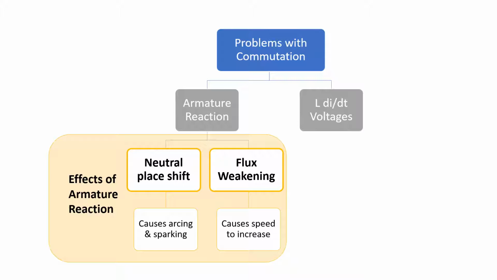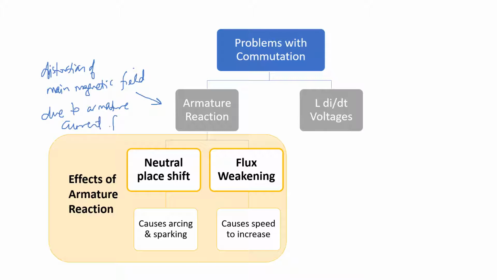So what we have seen thus far is the first problem of commutation is armature reaction, which is the distortion of the main magnetic field due to armature current flowing. And armature current only flows when there is a load.